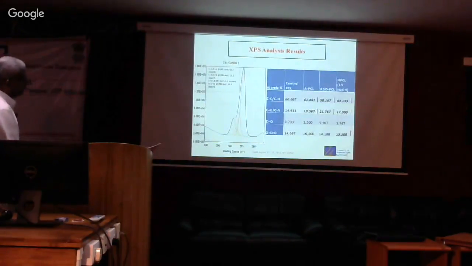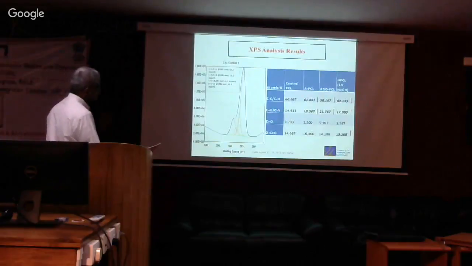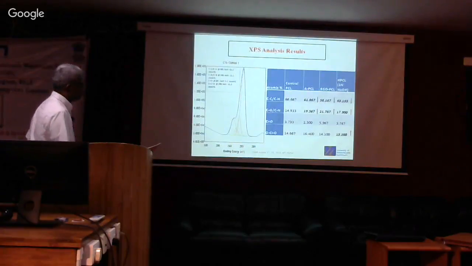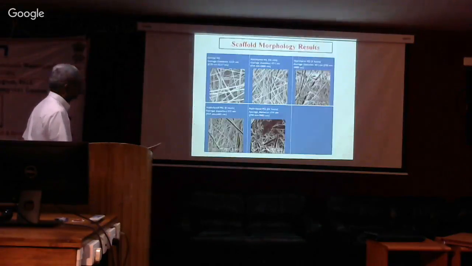Then you do XPS. We were talking about XPS yesterday. So you look at how much you were able to aminate or whatever, and you look at that by the difference, which is very standard.